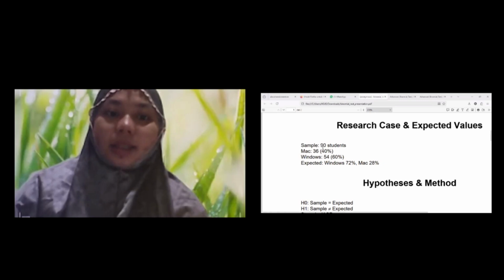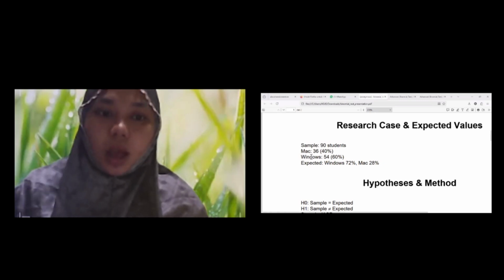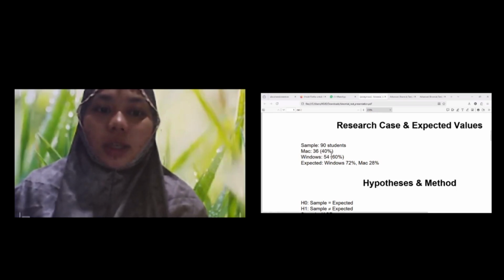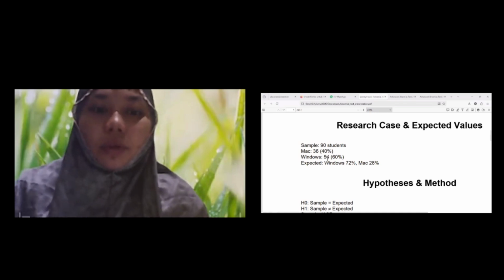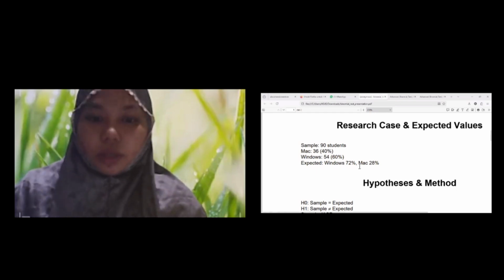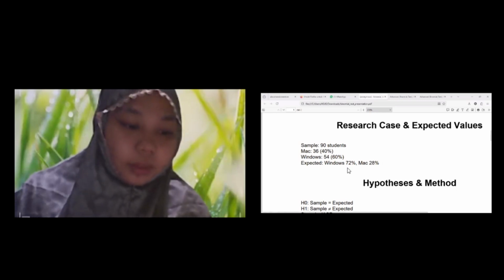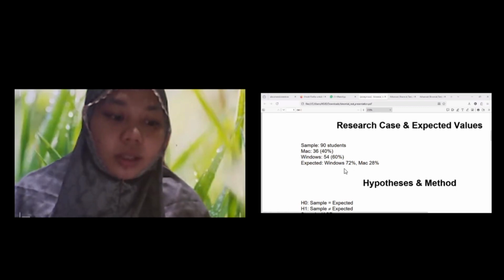Sample: 80 students. 36, or 45%, use Windows, which is 16% expected to use Windows. 72% Macs, 80 to 28%. Well, in this research case, we collect data from 80 university students.